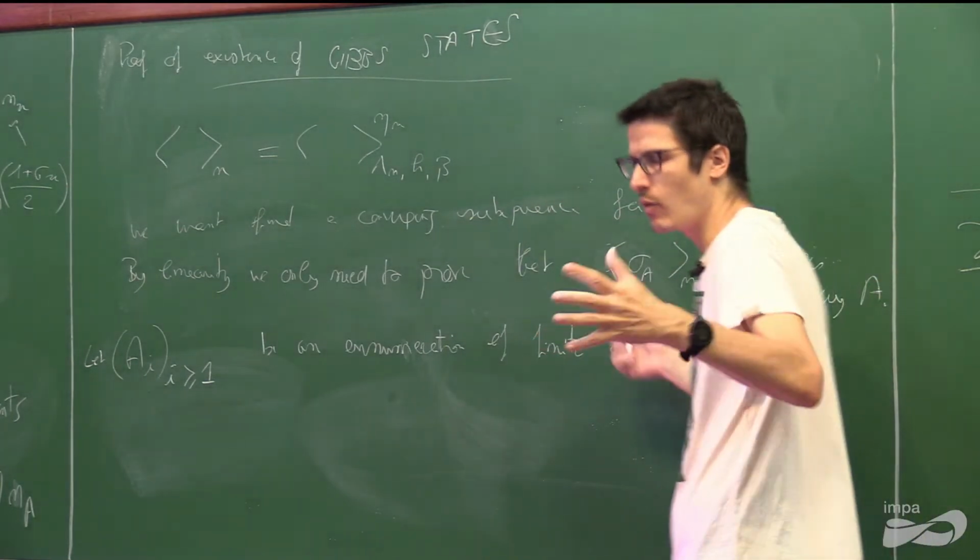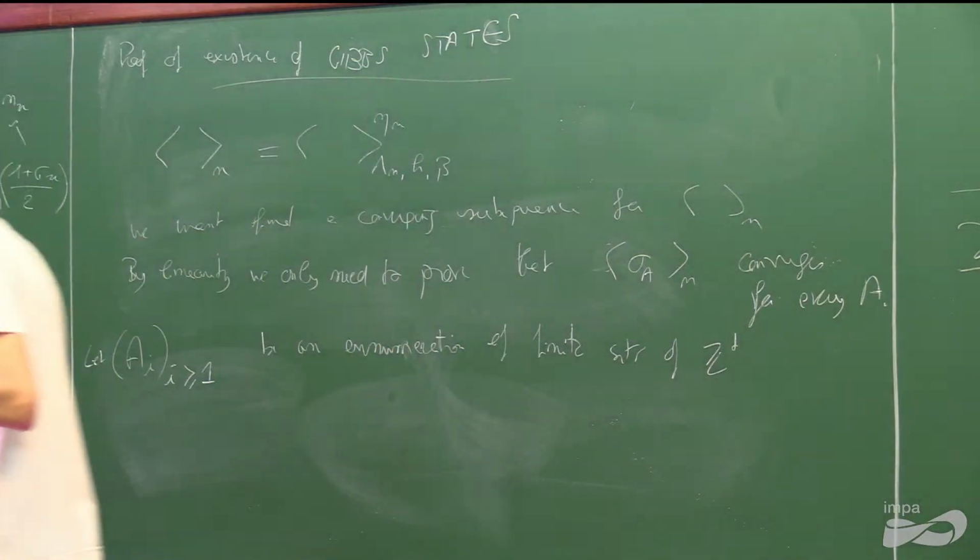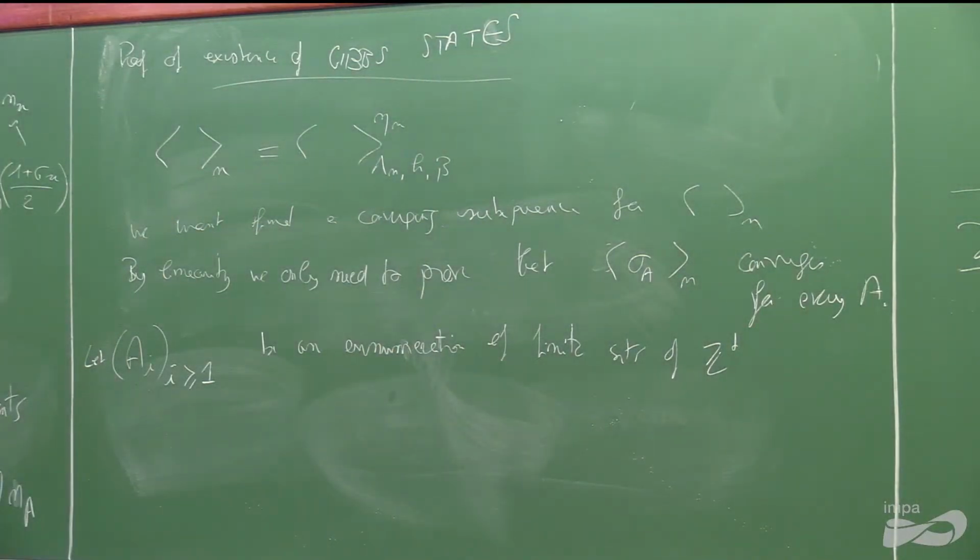I just take all the finite sets and I order them. I have a finite number of finite sets in a box of radius n, say 2 to the n^2, and then I take the union over all n, so I get something which is countable. So I can enumerate this.